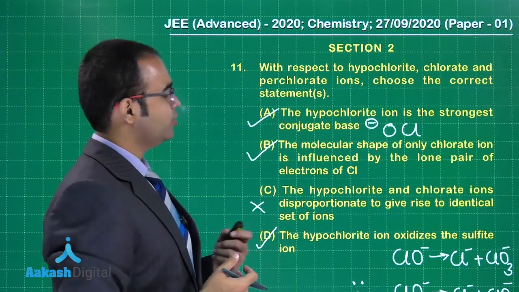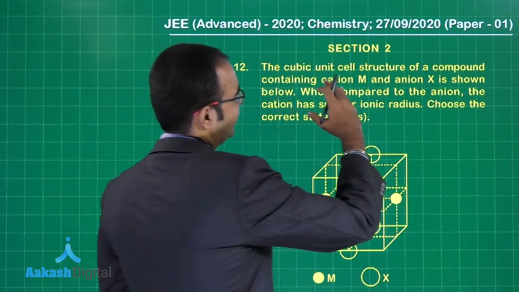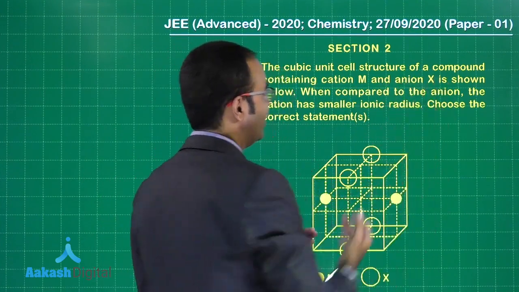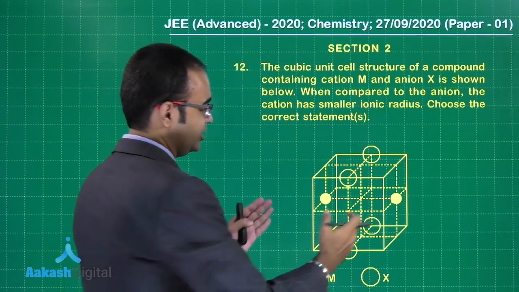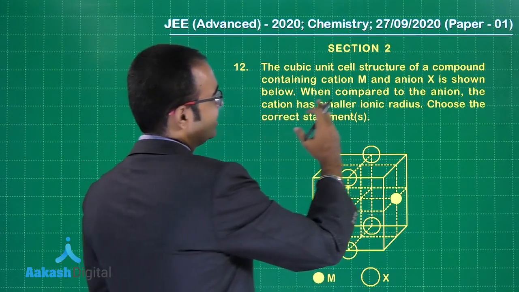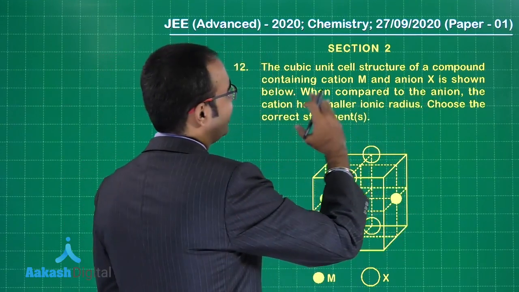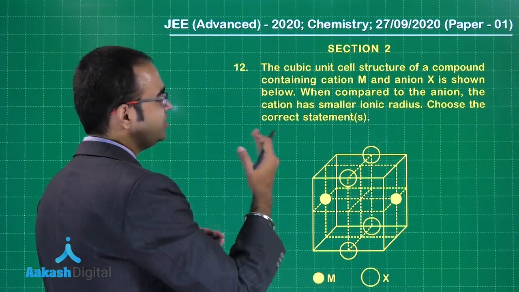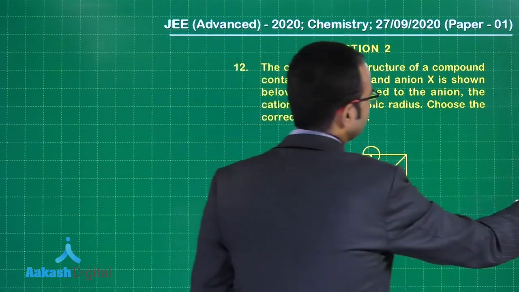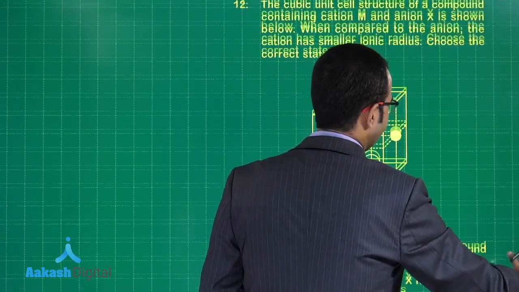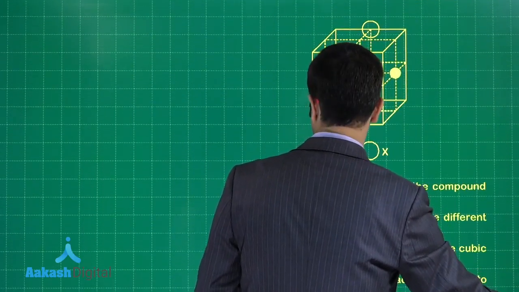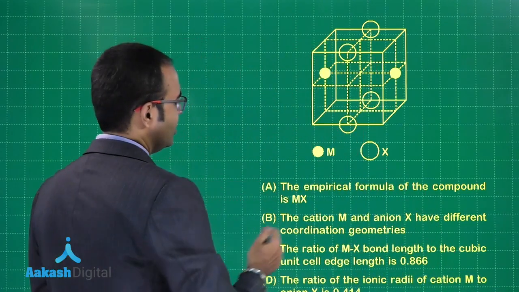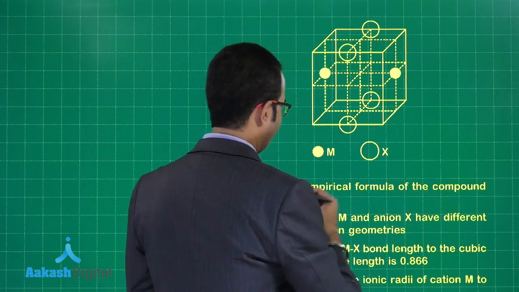Let us move on to the 12th question. The cubic cell structure of compound containing cation M and anion X is shown below. So this is your structure. When compared to anion, the cation has smaller ionic radius. Choose the correct statements. So we'll have to look at the structure and the statements. The empirical formula of the compound is MX.